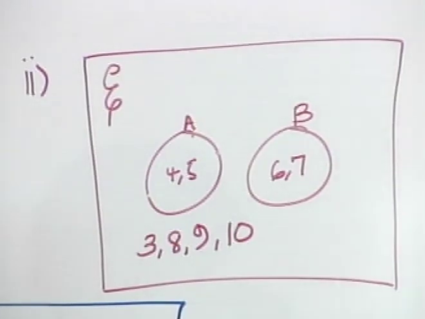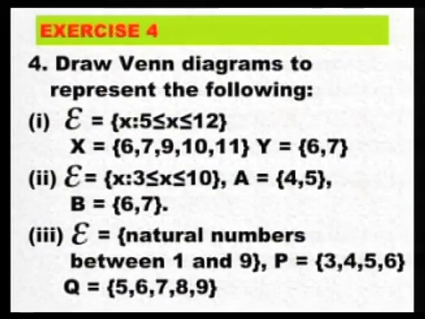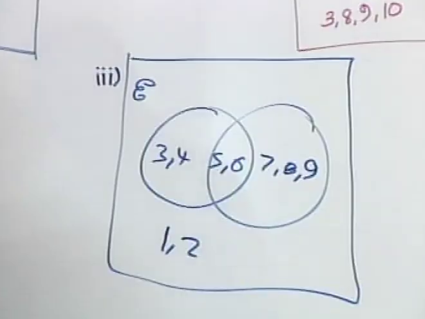Number 3, the universal set is a set of natural numbers between 1 and 9. Does it include 1 and 9? Natural numbers. The universal set is the set of natural numbers between 1 and 9.